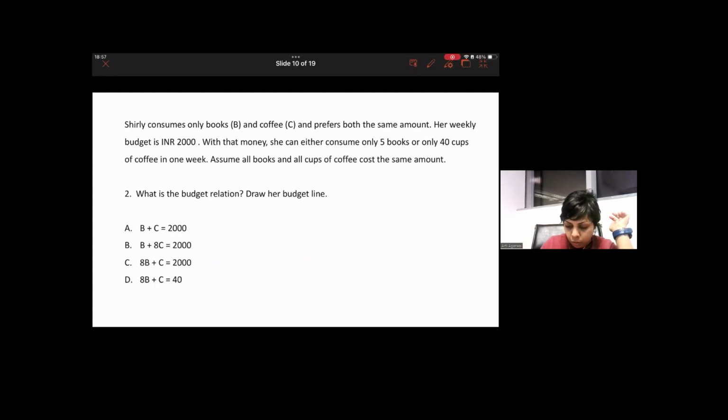Okay, so now we are just asking the equation. What is going to be the equation for this particular relation? How do you draw the budget relation? How do you write the budget relation and draw it? So what do you think it is going to be? You can take a few minutes to solve it.